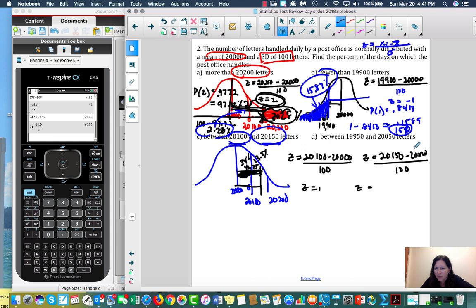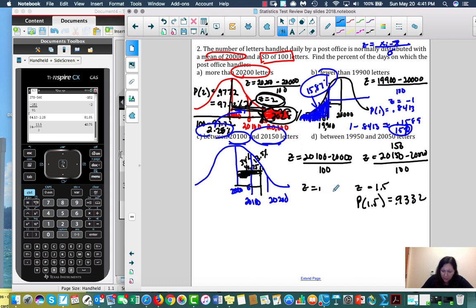So this should be 150 divided by 100, so 1 and a half. Okay. So what you're going to do now is you have to look this information up. So we're going to go P of 1.5 is equal to 0.9332.